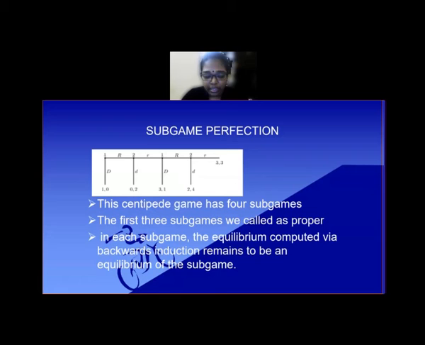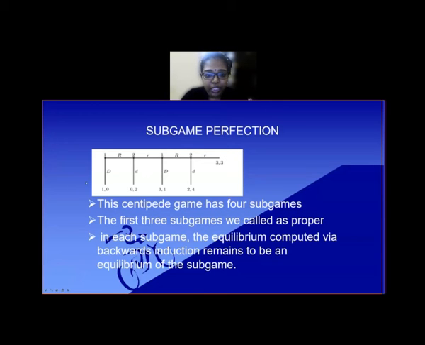In the given centipede game, there are four smaller games embedded. We call each such embedded game a subgame. As we see, from 2-4 to 3-3 is considered a subgame. 3-1 to 3-3 is also another subgame. 0-2 to 3-3 is also considered a subgame.